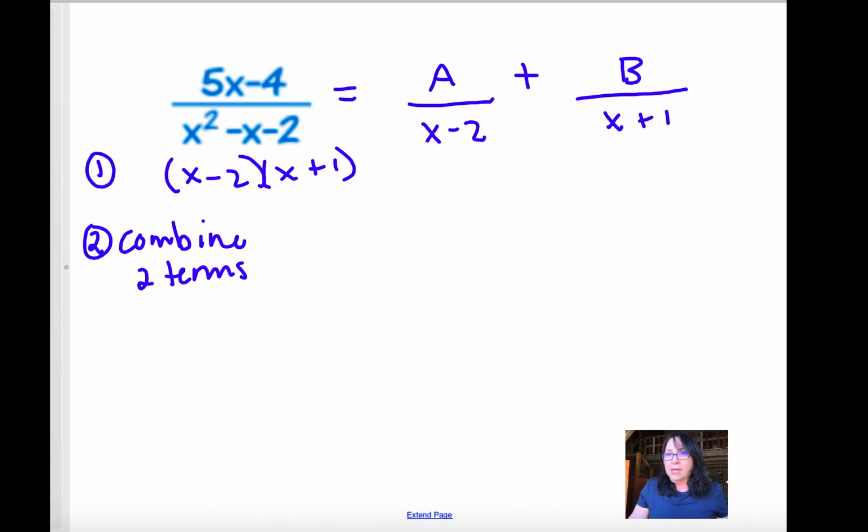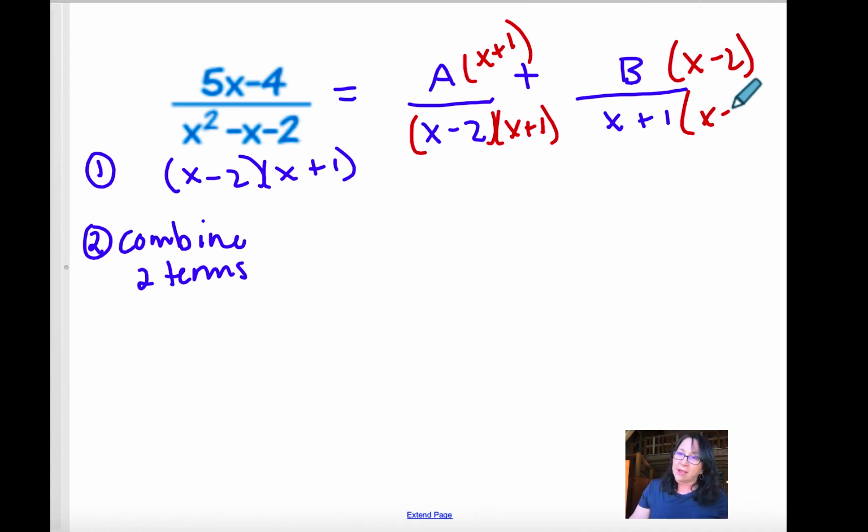All right, so I'm going to combine the two terms, and I'm going to notice, oh, hey, I need a common denominator to add those together. So this side here needs an x plus 1 over an x plus 1. This side needs an x minus 2 over an x minus 2. All right, and so what that means is, hey, now I have a common denominator.